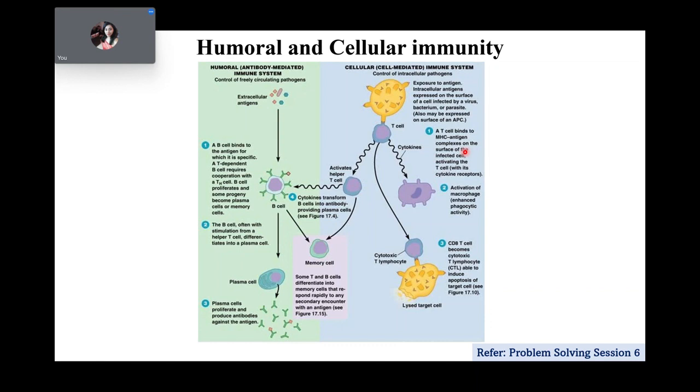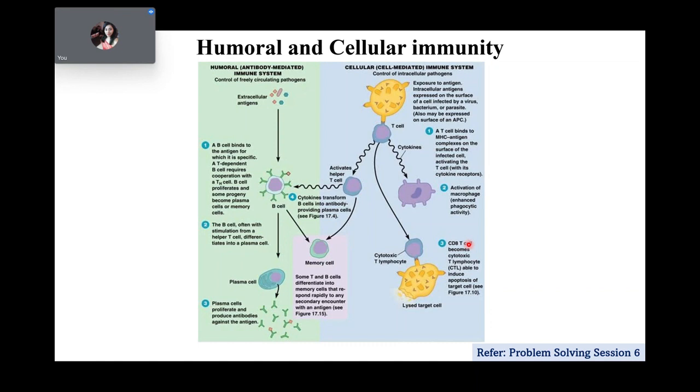Once the T cell binds to this antigen MHC complex, it gets activated, and what happens after is activation of macrophages. These T cells further recruit the macrophages, and we know that macrophages are able to do phagocytosis. So they kill these infected cells, and subsequently you will have the CD8 T cells, which are the cytotoxic T lymphocytes.